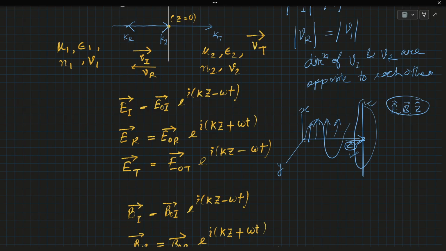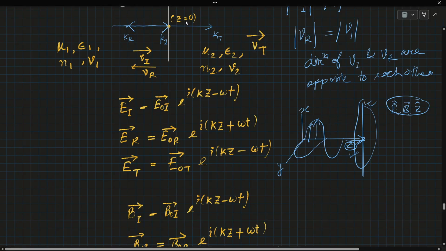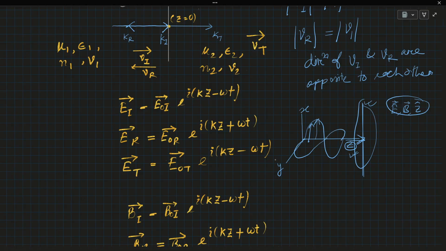Similarly, if the magnetic field is oscillating only in the y direction, then the whole magnetic field is also parallel to this boundary.